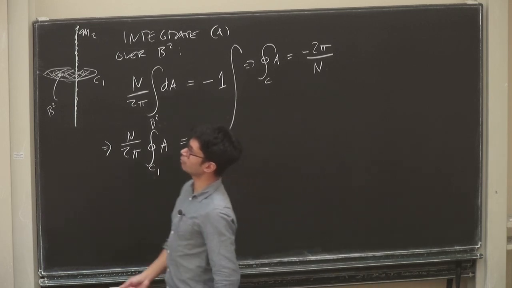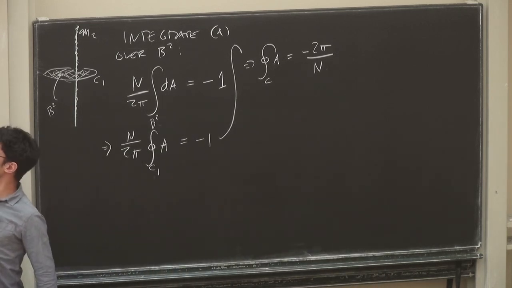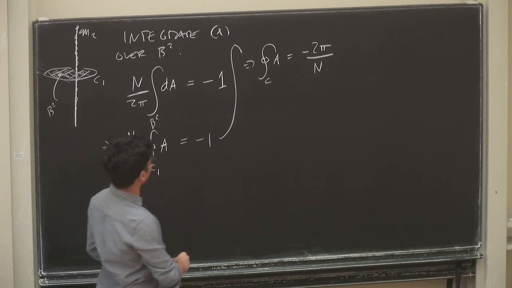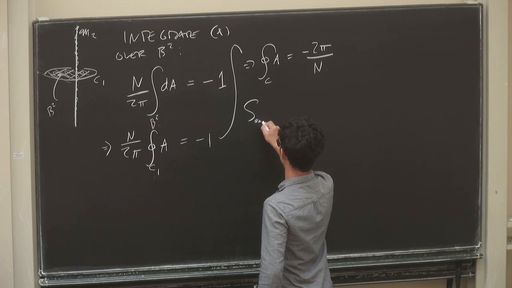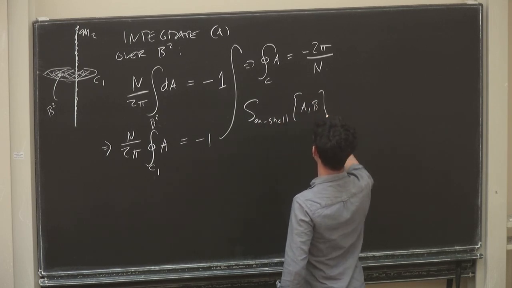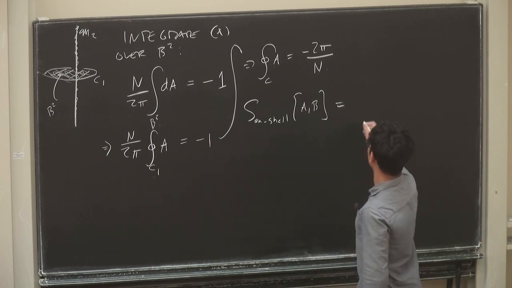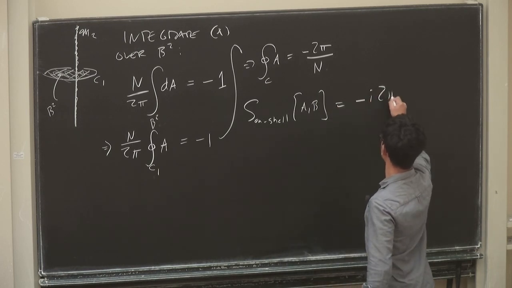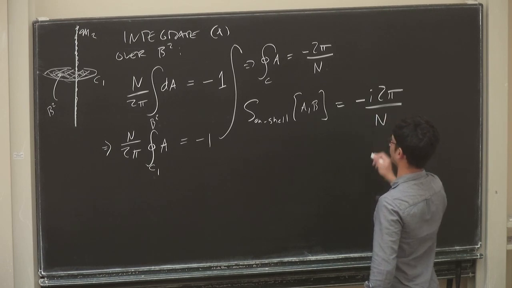And if you recall, that was the only term that survived in this action. And so what we find is that the on-shell action, S on shell, for A and B, turns out to be minus i 2 pi over n.